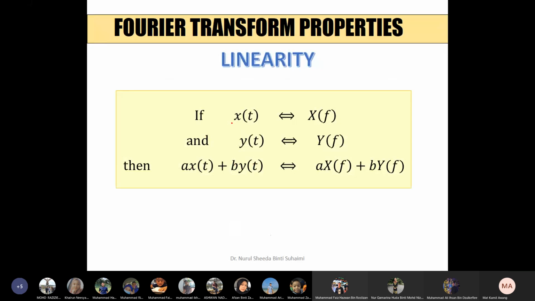First, properties of a Fourier transform: linearity.